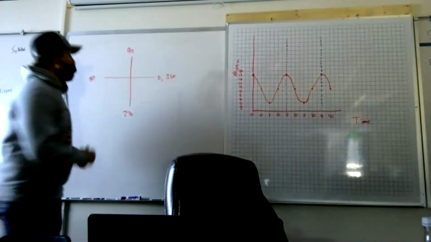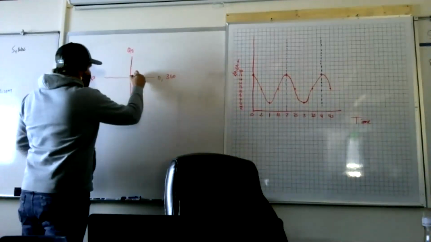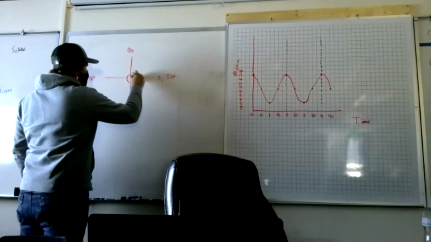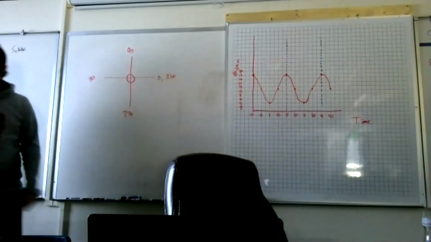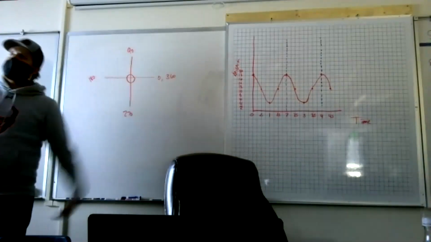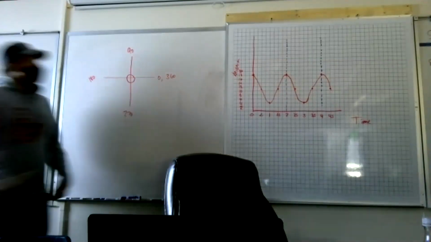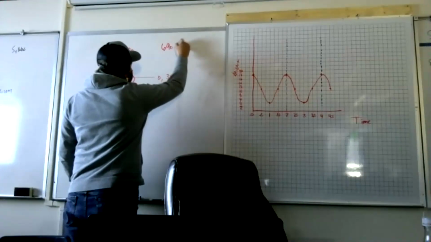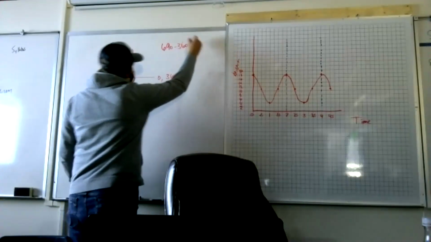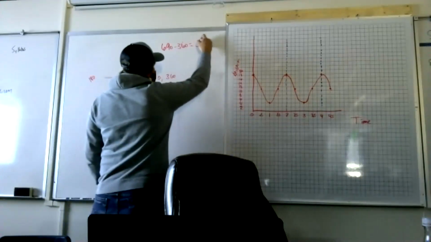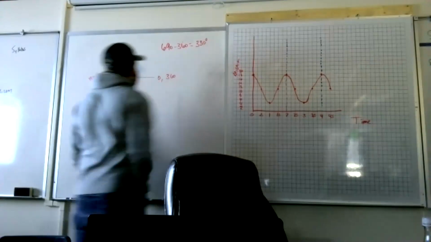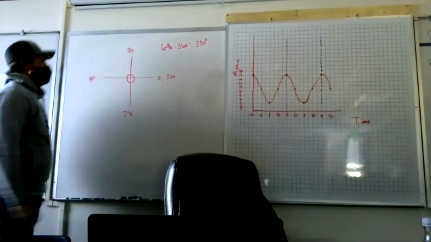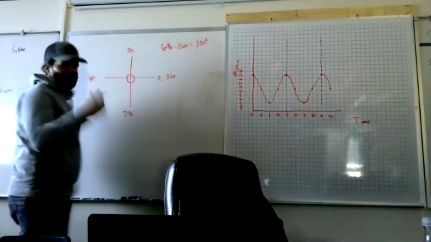Okay, so what that means is that I've rotated all the way around. Okay, but I need to figure out how much farther did I actually rotate. So I'm going to take 690 minus 360, and that is going to give me 330 degrees. Okay, what this is doing is finding the coterminal angle.